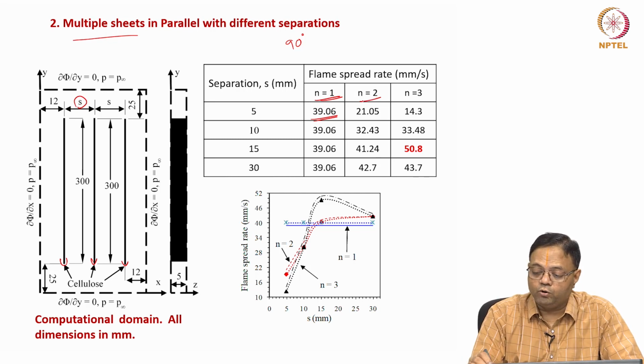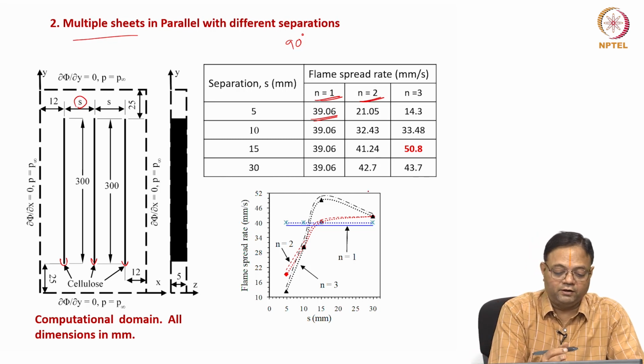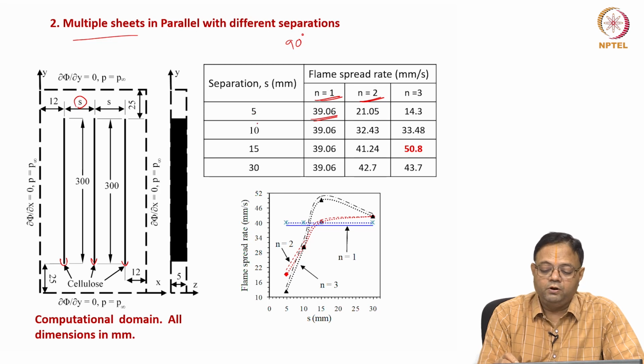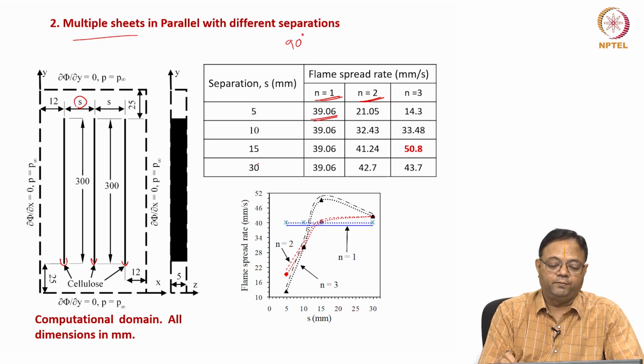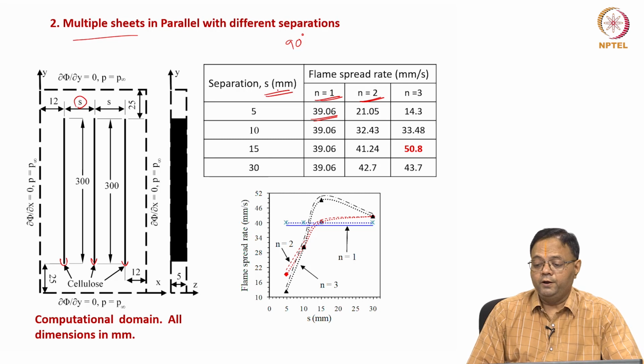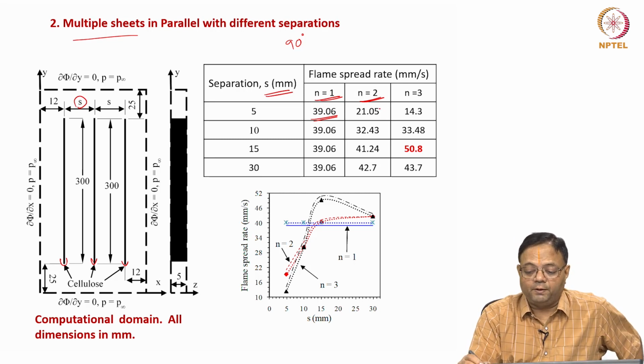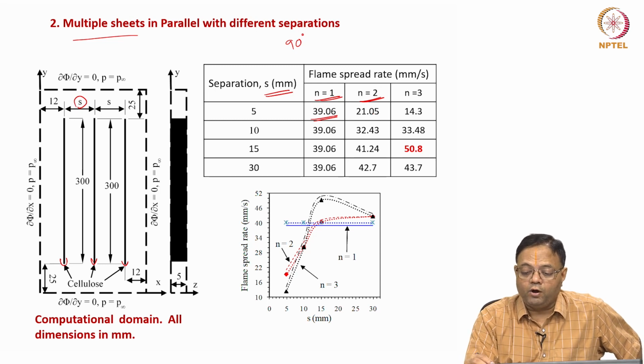When you go to n equal to 2, there are 2 sheets in parallel, the third sheet is not there, but here the separation distance is increased from 5 mm, 10 mm, 15 mm and 30 mm, this S is in mm. So, you can see that as the separation distance increases between these 2 sheets, from 5 mm, you record a flame spread rate lower than that in the single sheet case.